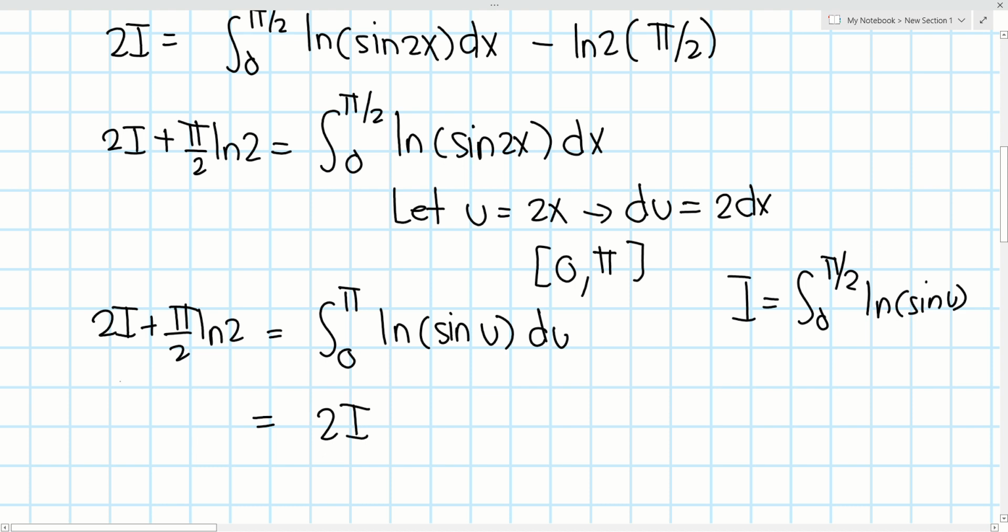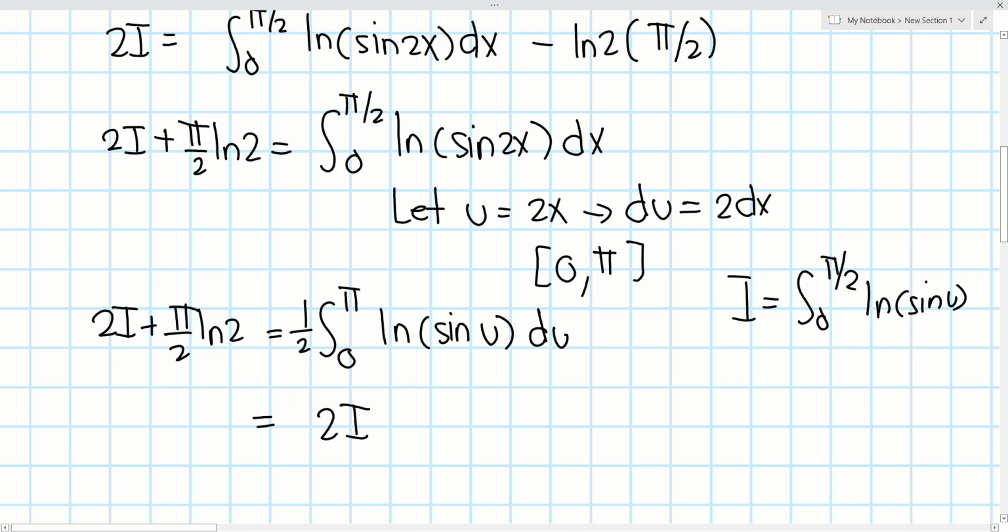Okay, so since this is 2I, wait, is it 2I? Ln sine of u du, and then it's from 0 to pi. Oh, my bad. This is the wrong part.